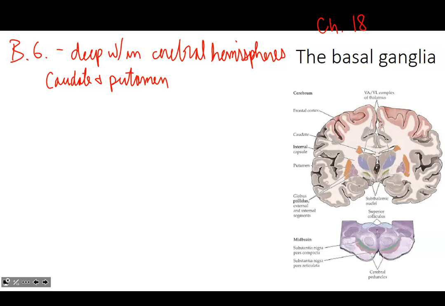Striatum means striped, and the caudate and the putamen look similar on appearance, and we'll see how they function similarly. But they are separate nuclei.